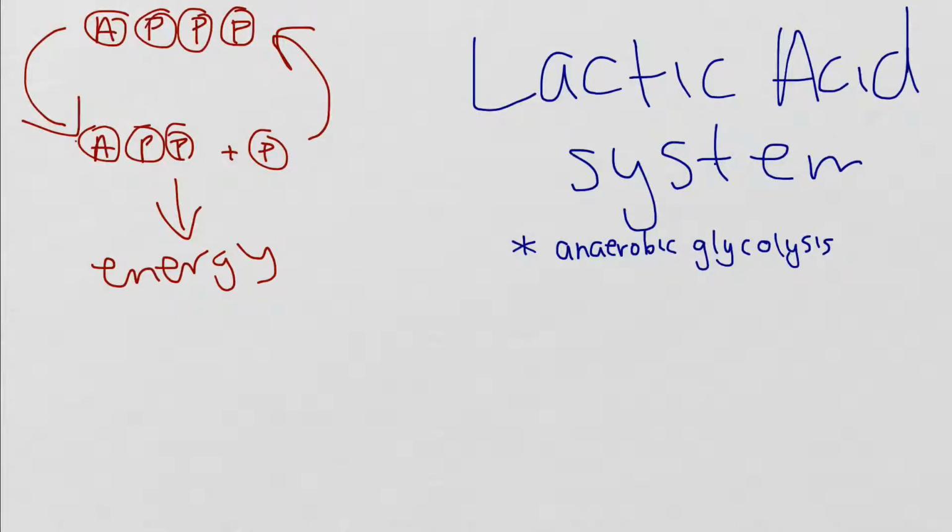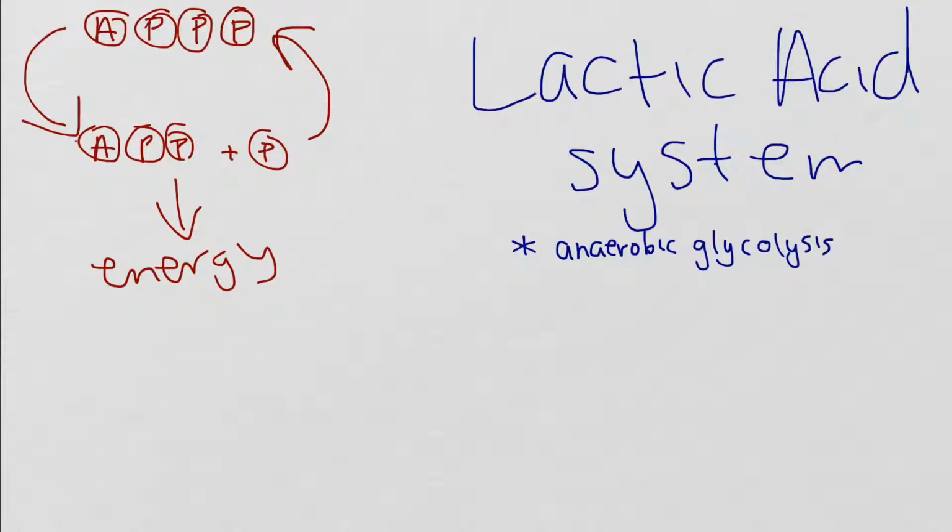So the lactic acid system is used for short-term and higher energy activities, so maximal intensity, high intensity of up to approximately 2 minutes, because after that the blood lactate or the lactic acid is normally going to be building up too high and will cause us to feel muscular fatigue.